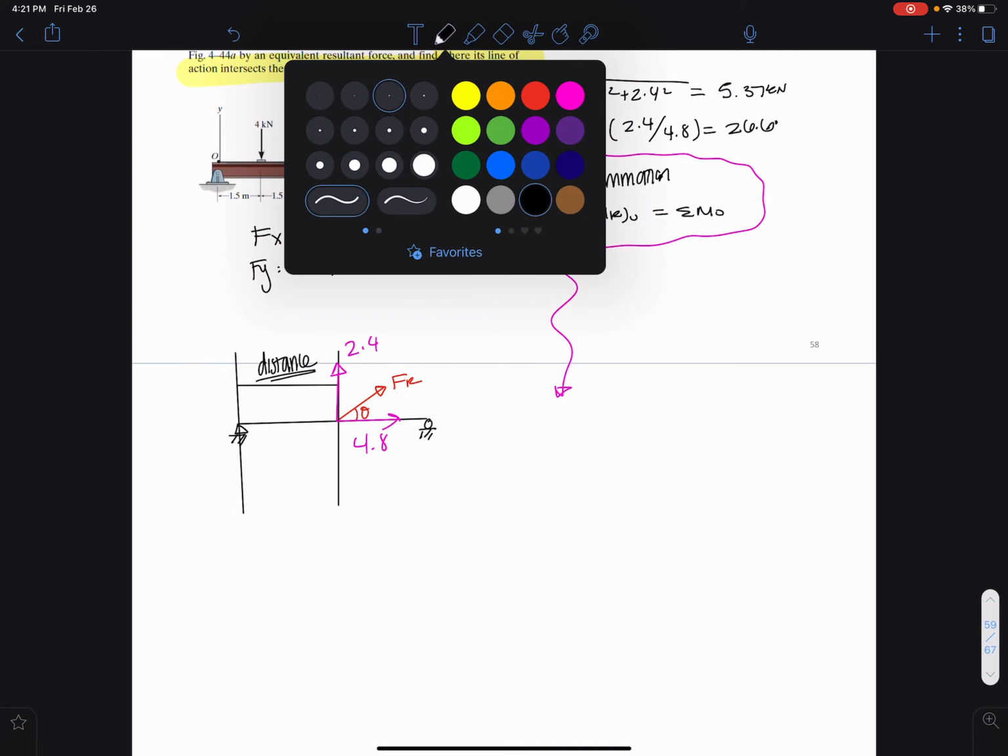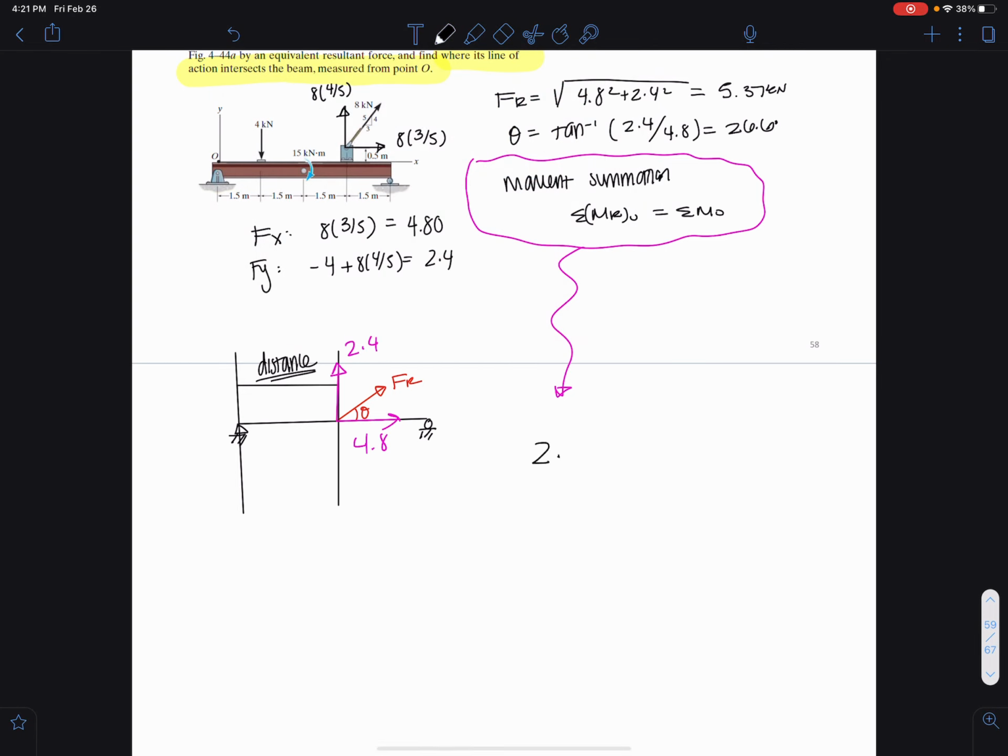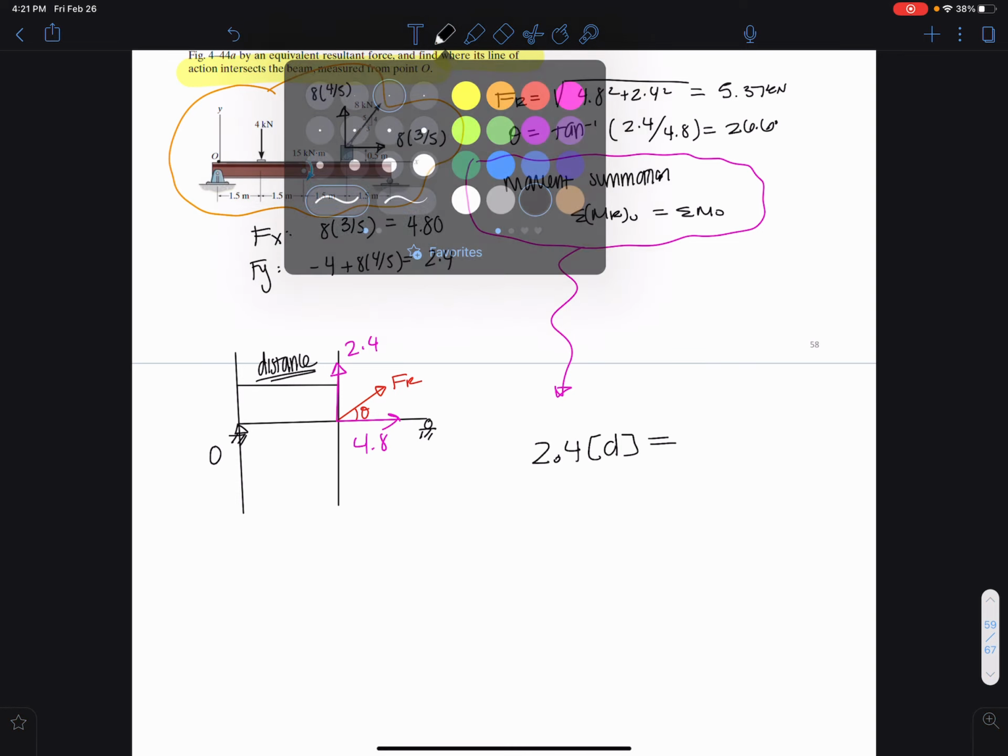Let me sum all the moments now. I would have 2.4 times d. I'm going to sum them all around point O right here. That's the resultant. But that has to be equal to all of the moment summation of the original system. So what's the moment summation of this now?